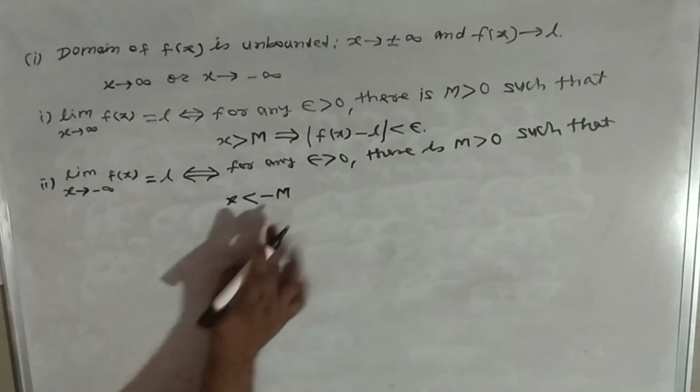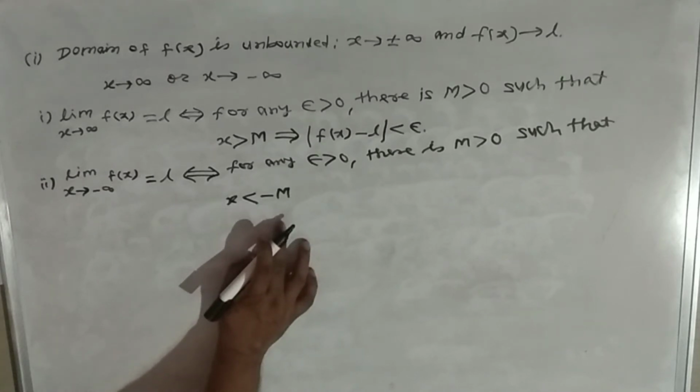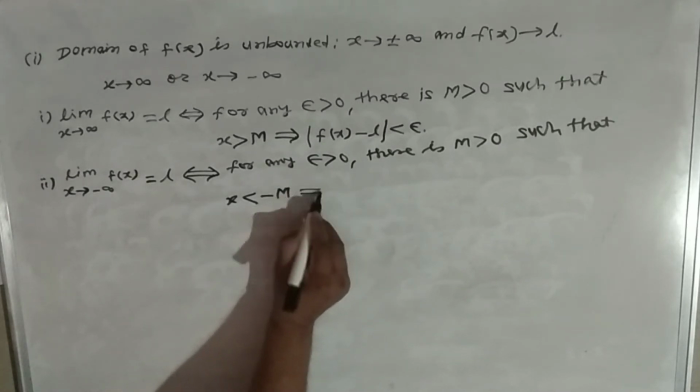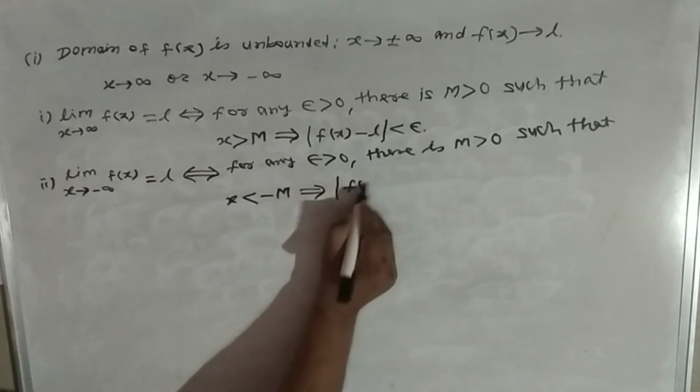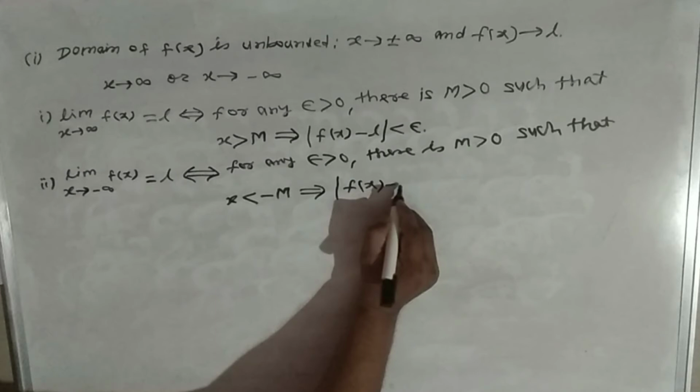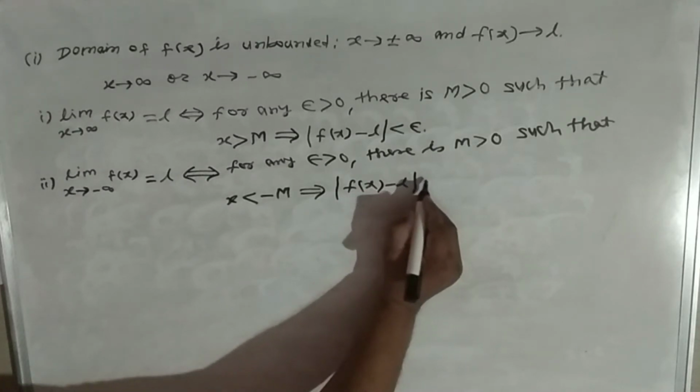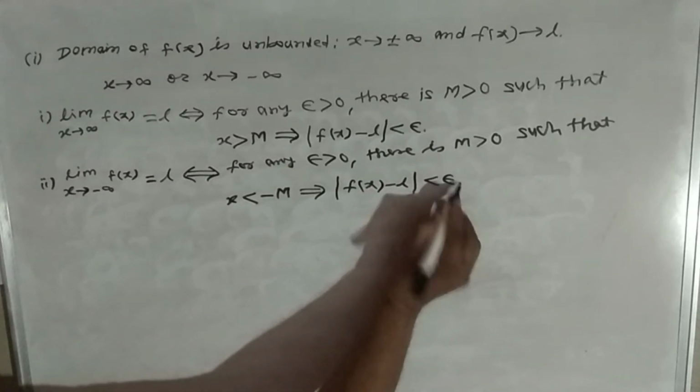This implies that mod f(x) minus L is strictly less than epsilon.